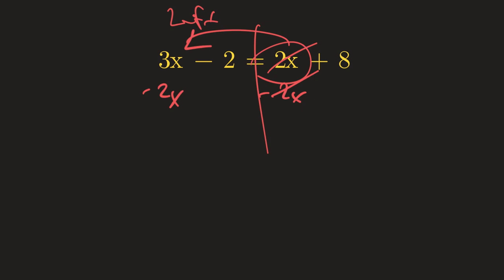On the left side, 3x minus 2x is 1x. I still have a minus 2. I still have an equal sign. I still have a positive 8. Keep things lined up.